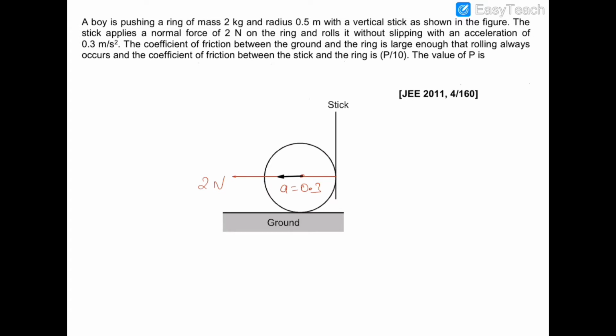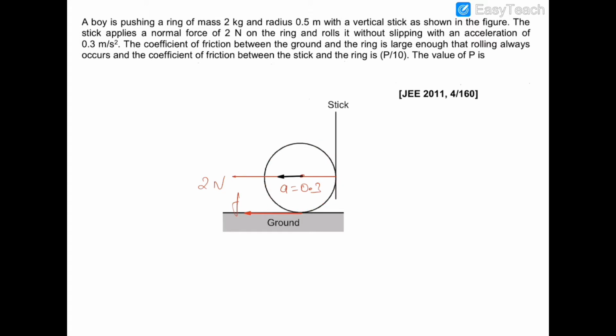So we know that the friction acting on this ring, let's suppose it is in the forward direction. This is the friction of the ground. So this is F, and the friction of this ring on the stick would be acting in the upward direction because this ring is rotating like that.